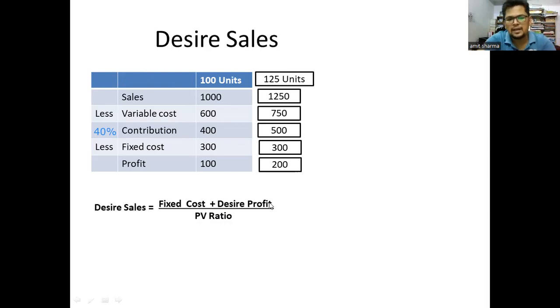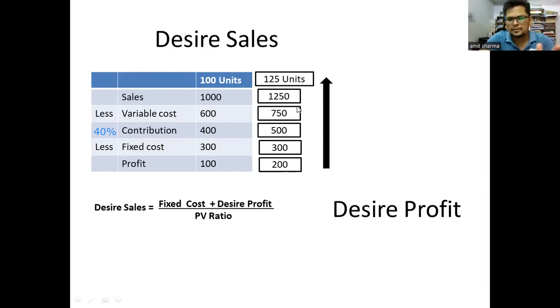So the formula is the same as what we did with this statement. It's a reverse calculation approach. If we have the amount of profit and we need to calculate the sale units, we need to follow the reverse approach.